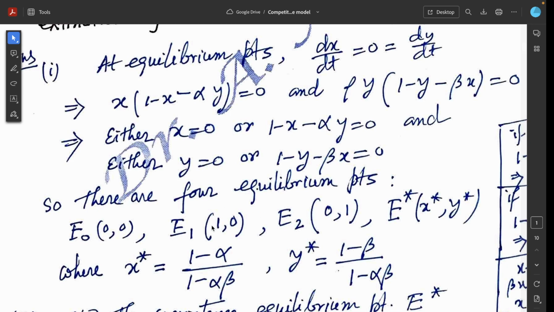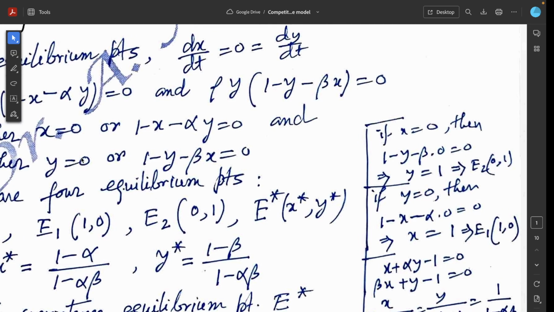E0 = (0, 0), E1 = (1, 0), E2 = (0, 1), and E star = (x star, y star), where x star = (1 - alpha)/(1 - alpha beta), and y star = (1 - beta)/(1 - alpha beta).